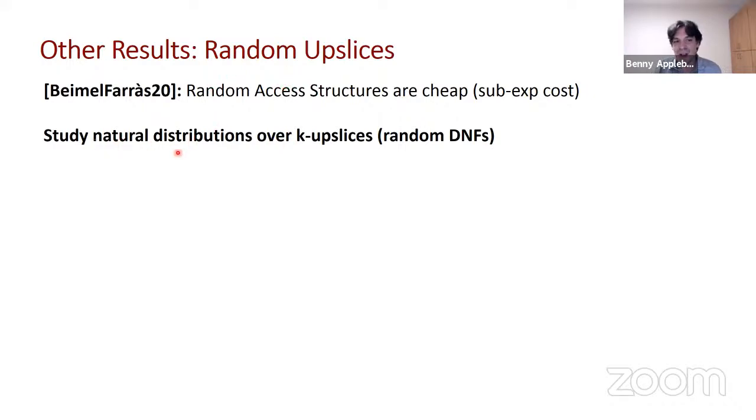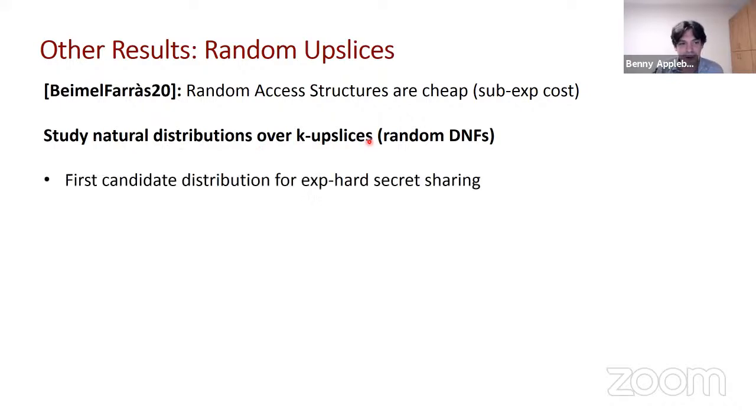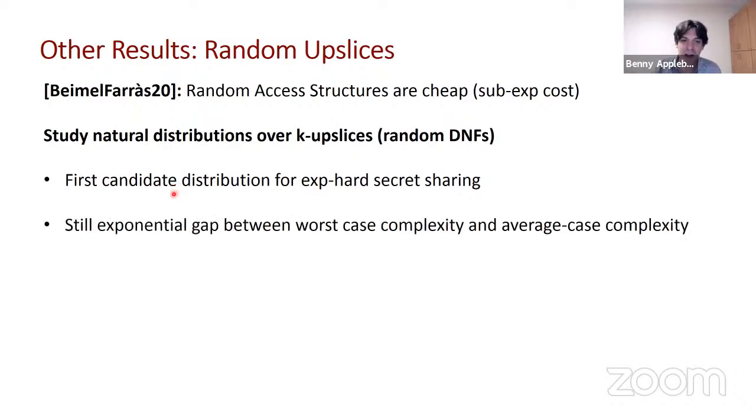So we study several natural distributions over k up slices. I'm not going to define it here. And we show the following results. So first we show that at least given current techniques, we don't know how to realize this access structure with sub-exponential complexity. So this gives us the first candidate distribution for exponentially hard secret sharing schemes. Nevertheless, we can show some improvement compared to the worst case.